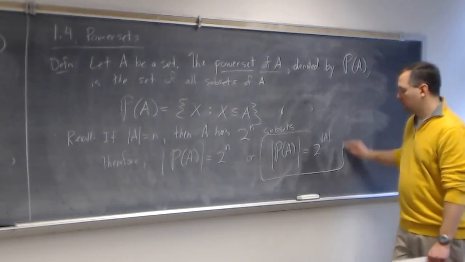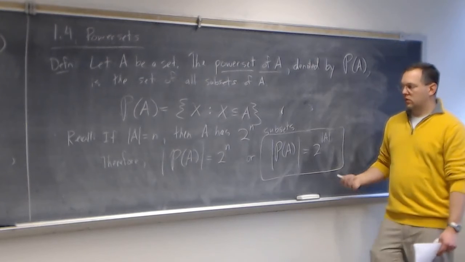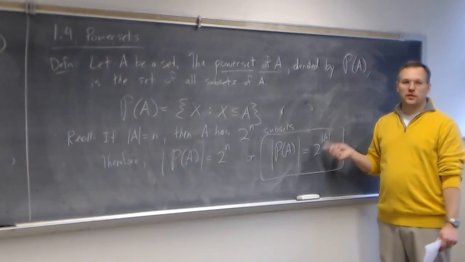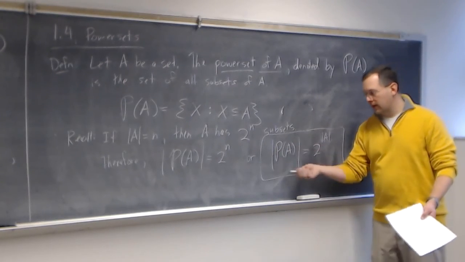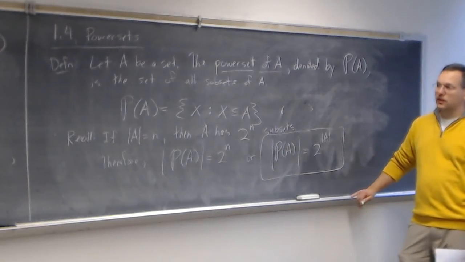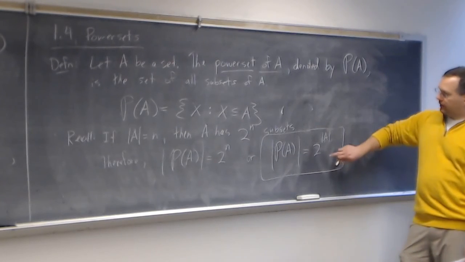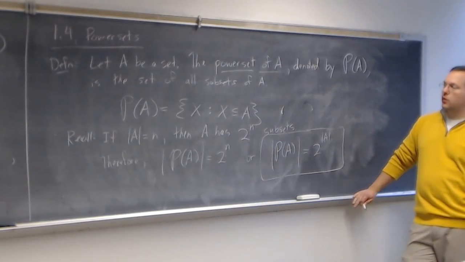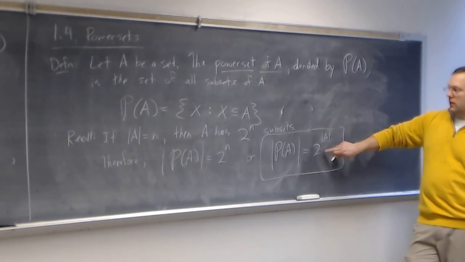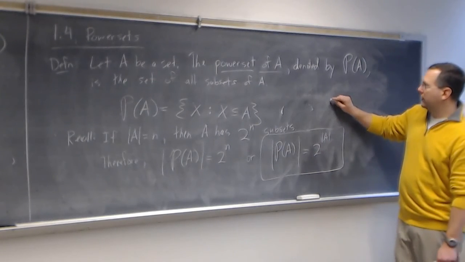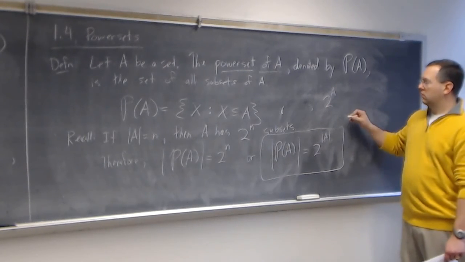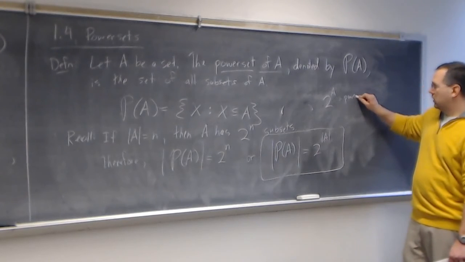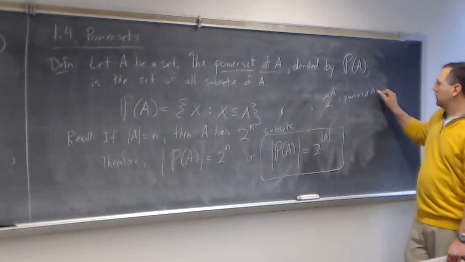So this is just a fact about subsets. There's this many subsets of A. The power set is just the set of all subsets, so the size of the power set is the same as the number of subsets. Some books, some mathematicians, actually use this idea for the notation for a power set. Some books write 2 to the A as the power set of A. You can see why.